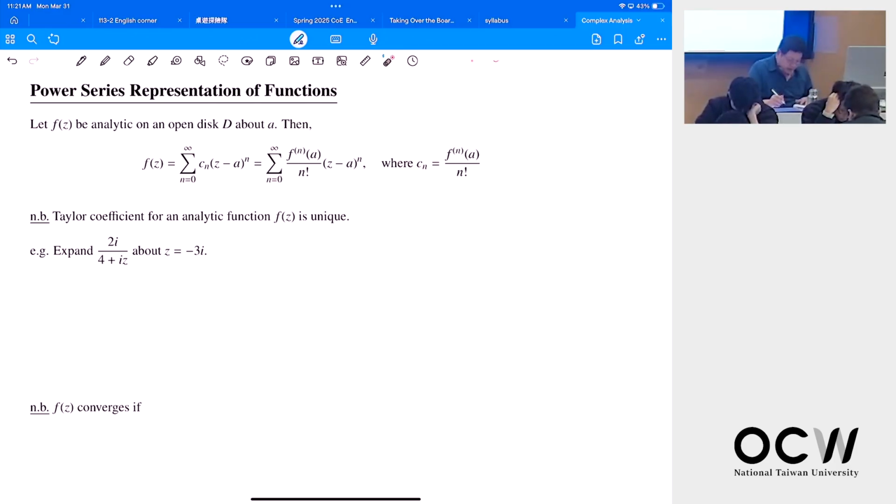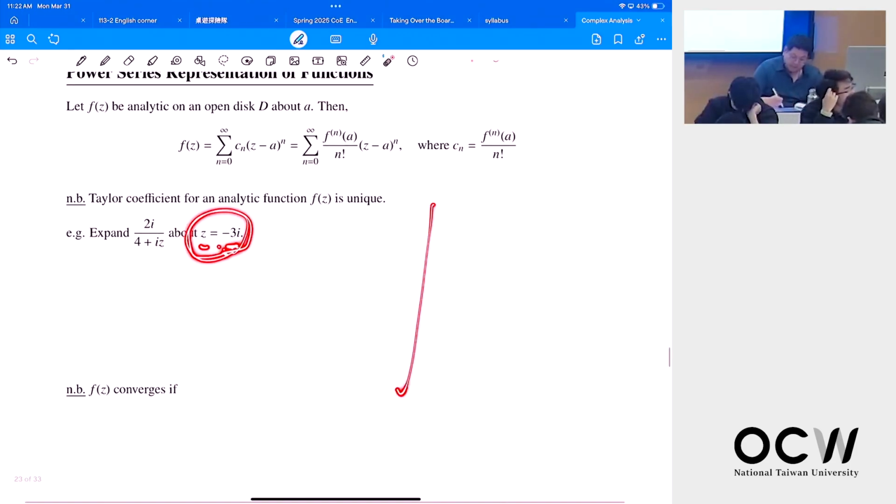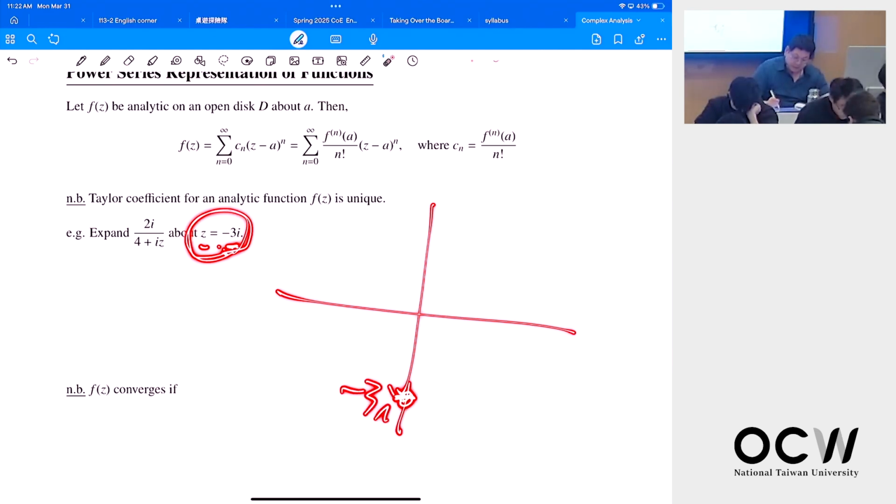For example, how do I expand this complex function about z equals minus 3i? Now here is a little different. This is z equals minus 3i here. I want to expand this complex function.